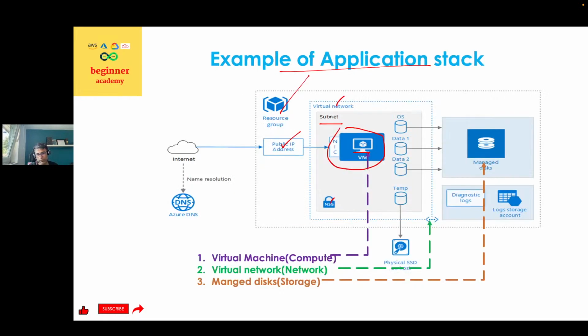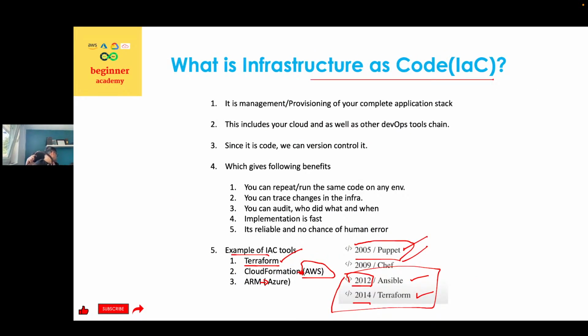If I take an example here, in the case of CloudFormation or ARM template, these are all tied up with that respective cloud. Whereas Terraform, if you know Terraform, you can provision resources in AWS.